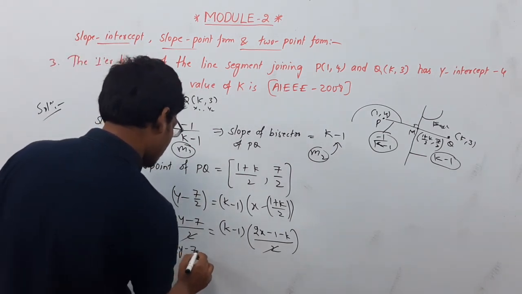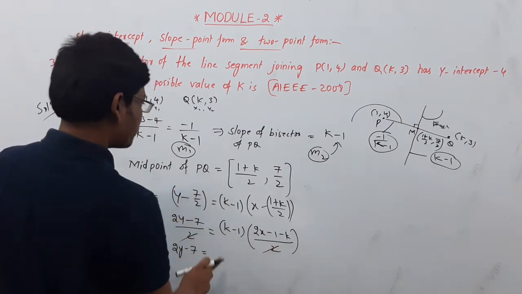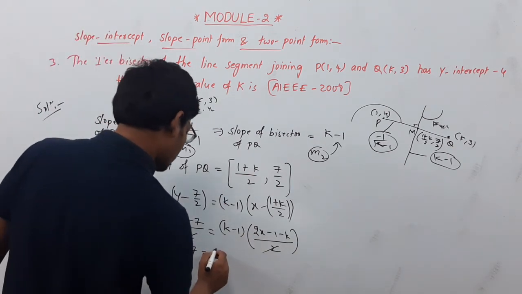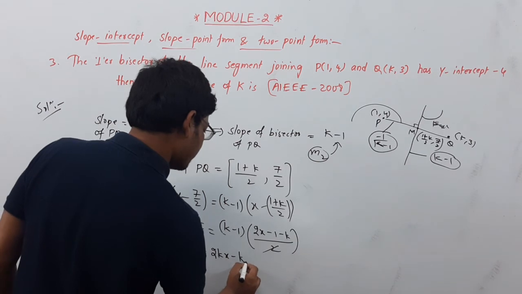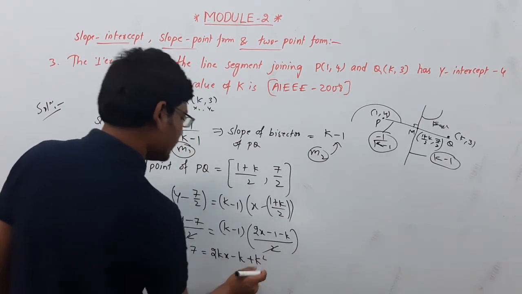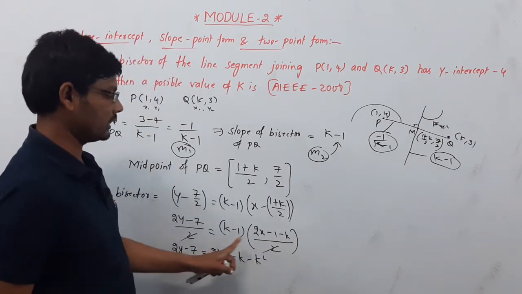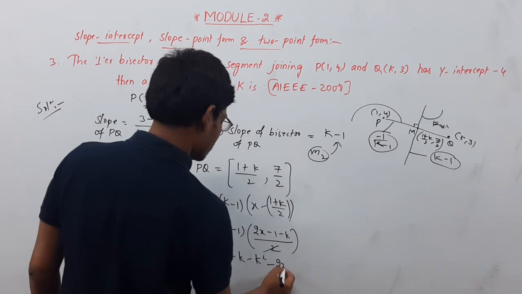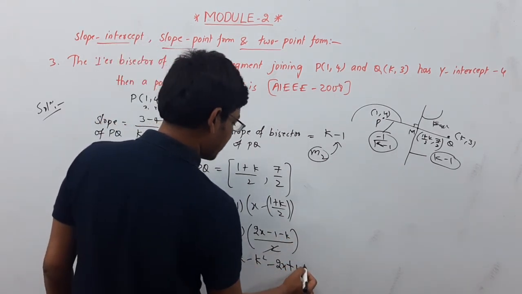2y minus 7 is equal to, if you multiply the terms: k into 2x gives 2kx, next k into minus k becomes minus k square, sorry, this is minus k square, not plus. Then minus 1 into 2x is minus 2x, and minus into minus becomes plus 1, and minus into minus becomes plus k.